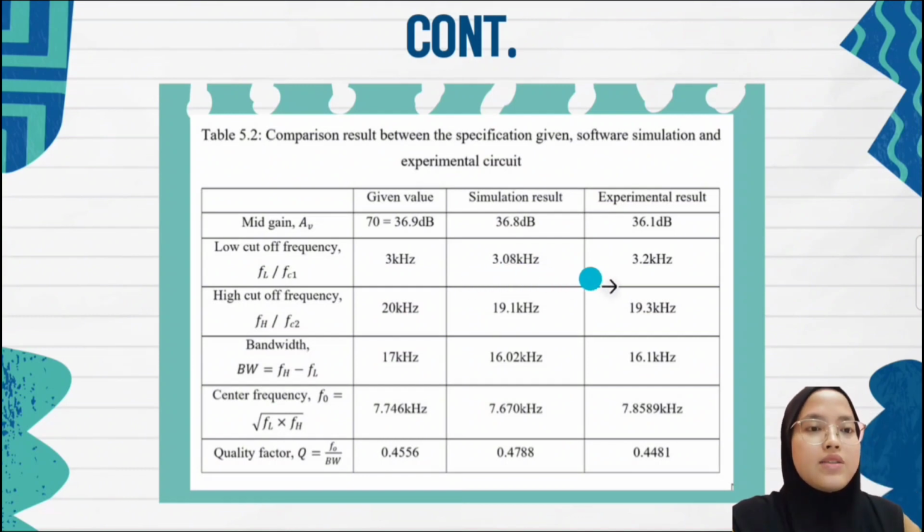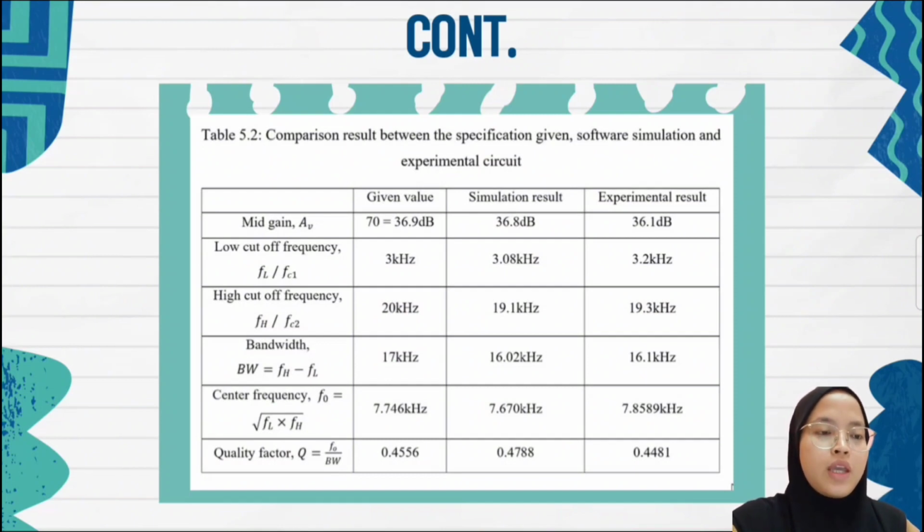And for the experimental value, from the graph, we get a low cutoff frequency of 3.2 kilohertz. Next, for the high cutoff frequency, the given theoretical value is 20 kilohertz, and the simulation value we get is 19.1 kilohertz.